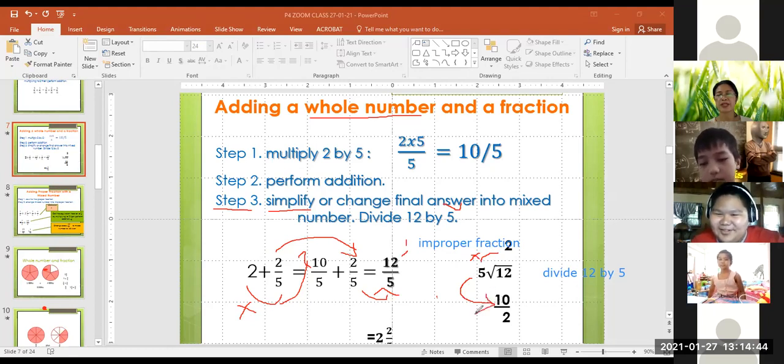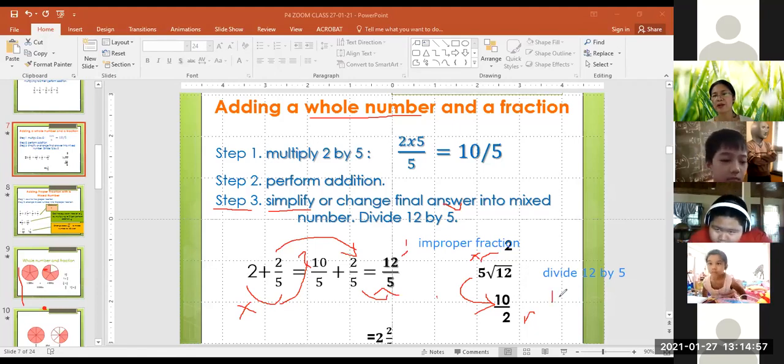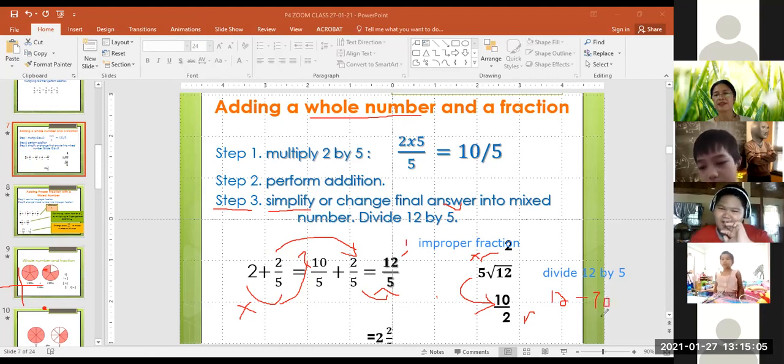Now, the remainder: 12 minus 10 is equals to 2. Your answer is 2.